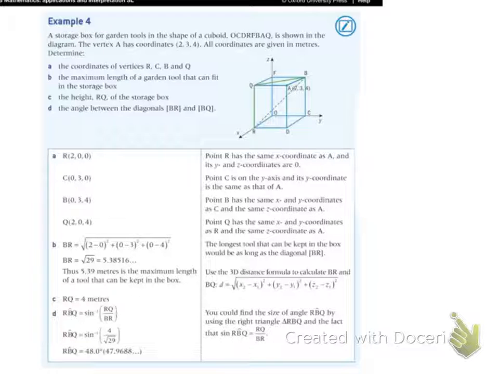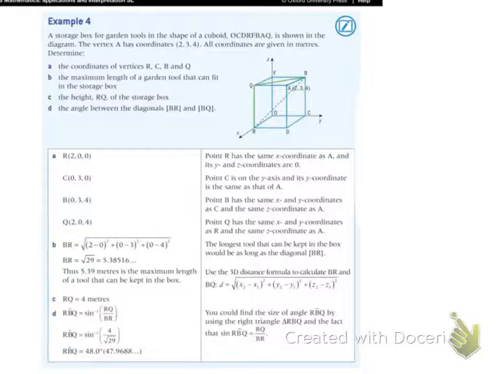And then part D is find the angle between there. If you guys remember, there was a formula for that. And actually the formula, if you want to go as far as that, it is just SOHCAHTOA. So you have to figure out where BR and BQ are.